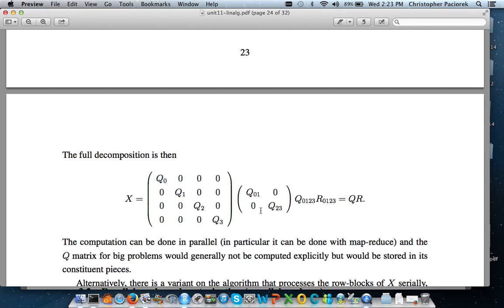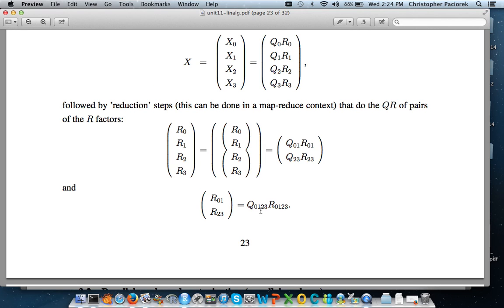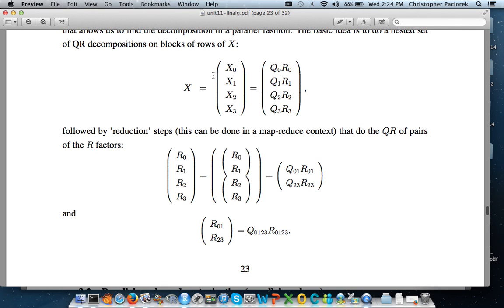So you can actually get out what the R matrix is, and you can get the pieces of the overall Q matrix in a way that doesn't require you to do the QR on the entire matrix all at once. And an interesting thing to think about here, if you're interested in MapReduce, is how you would do this in a MapReduce, Hadoop, Spark kind of context.